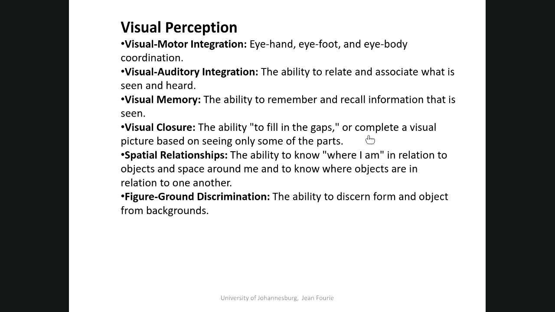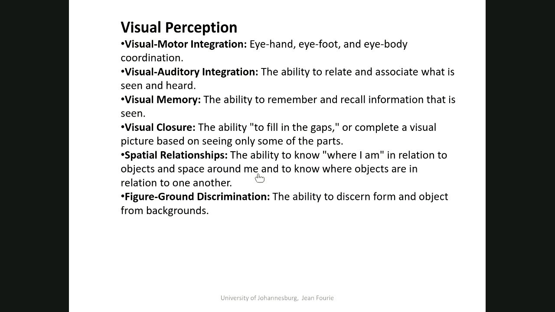So if you see some incomplete images, and there is an incomplete image in Blackboard that I posted up with black and white sort of patches, when one looks at pictures like that, your brain can make out either the shape of an old lady or a young lady, depending on the pictures. So you are able to do what's called visual closure. Your brain makes sense even though the drawing is incomplete.